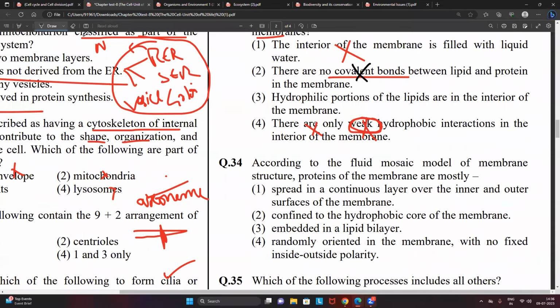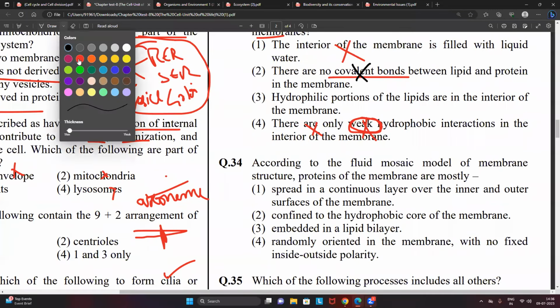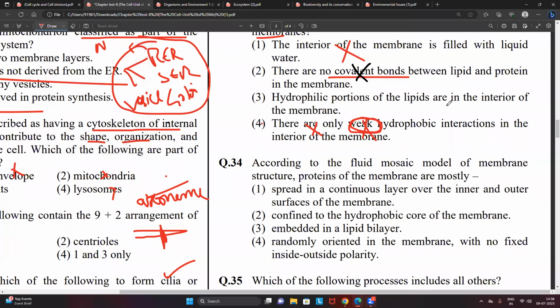Option 3 says that hydrophilic portions of the lipids are in the interior of the membrane. See, friends, you all have to use your common sense. Every student, listen to me. This is what we can call one lipid. This is another lipid. Every one of you, use your brain.